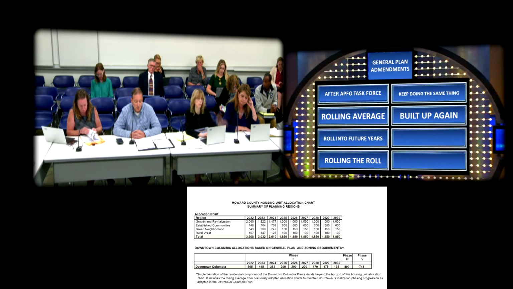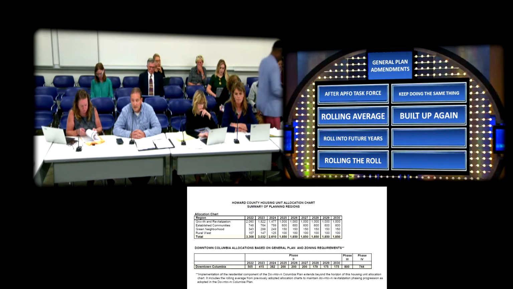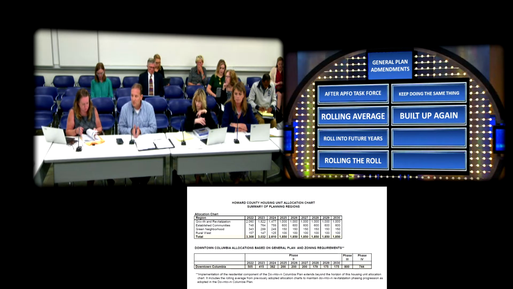And so I don't think it was intended to have happened to the extent that it did. It was really meant to be in terms of flexibility. So then you have the question, well, why did the general plan set these growth policies that aren't being achieved? My answer to that is we're not developing as fast as the last general plan assumed we would be.